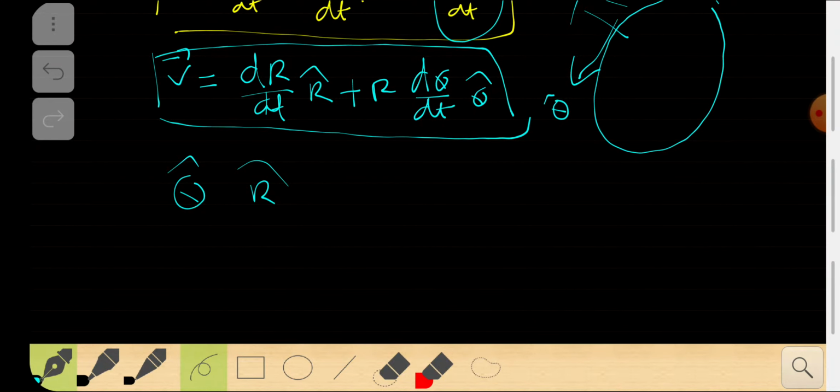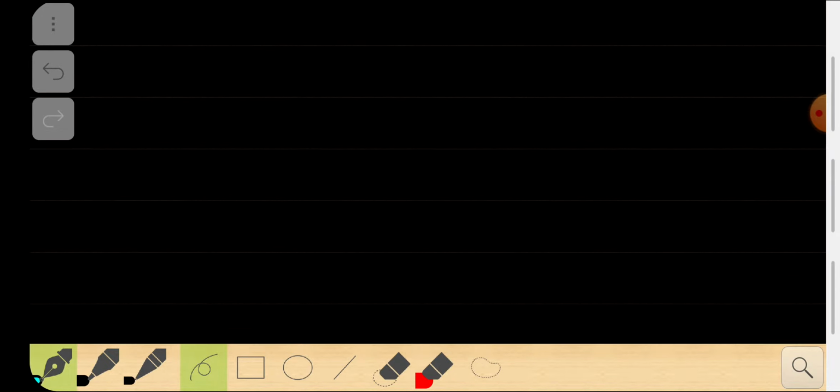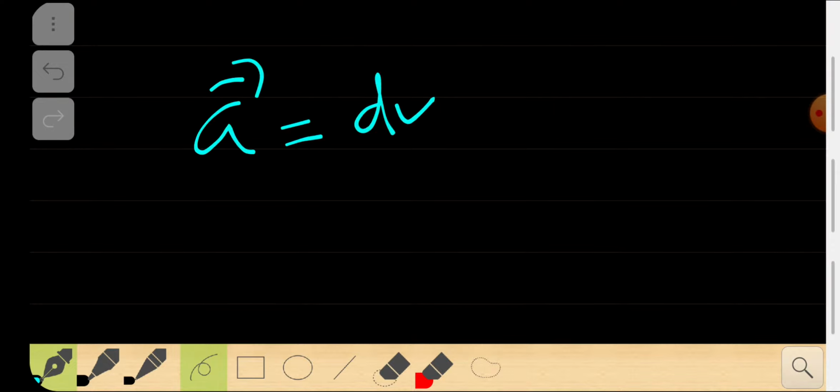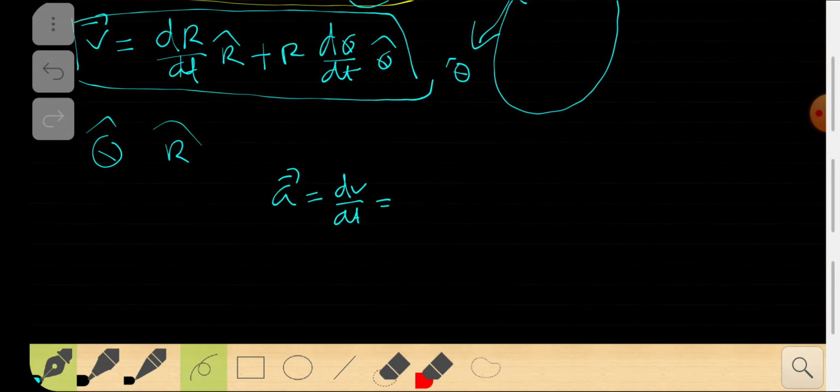Now what we can do with this is that we can find out the acceleration for a non-circular path, right? So that's the next thing that we will normally do. When we found out velocity, let's find out acceleration. So acceleration vector is equal to dv by dt, right? So now we know v, we need to take the derivative of v again, right? That's what we need.